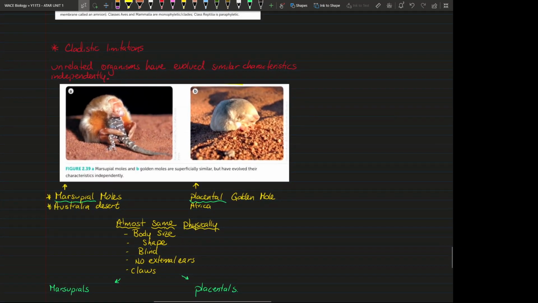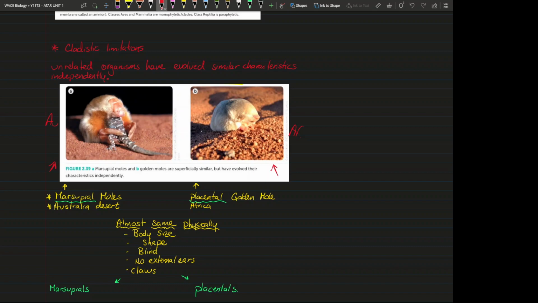Take, for example, this Australian desert mole, and you have this placental golden mole here from Africa. Here you have Australia, here you have Africa. Where would you put these two? First of all, they look almost identical. They're around the same body size, the same morphology, the same shape.